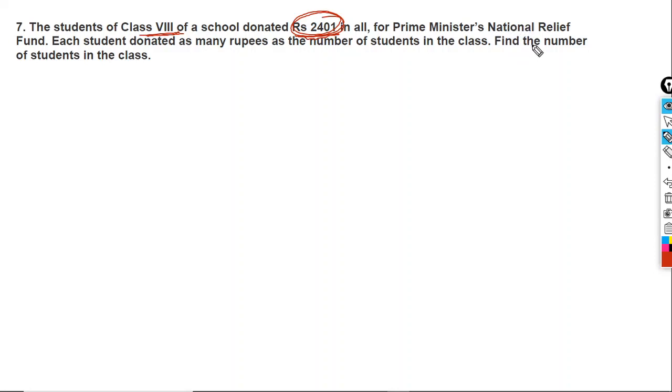Each student donated as many rupees as the number of students in the class. This is the important statement. Find the number of students in the class.